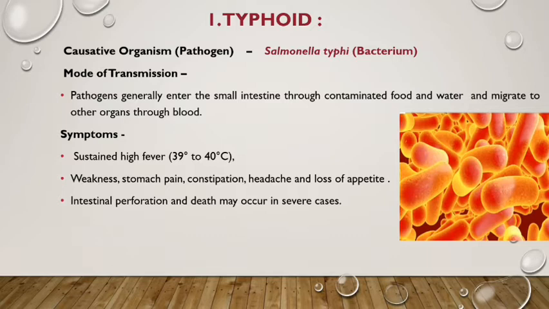Why may this death occur? Because the wall of the small intestine may be completely damaged, and if small holes are created by this pathogen, that person in severe cases may face death. So you can imagine that typhoid is a very severe disease seen in the human body.